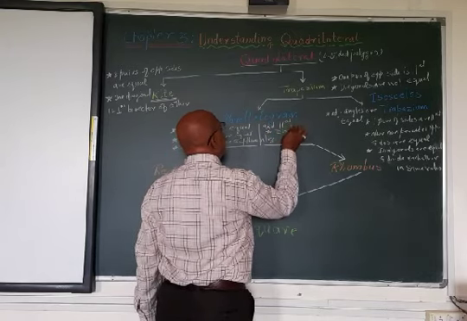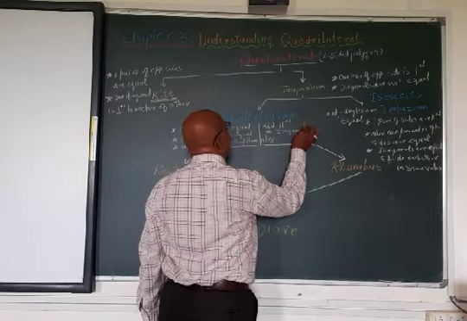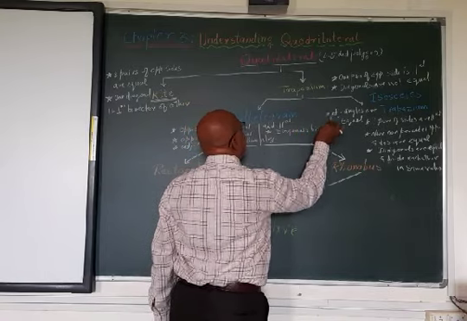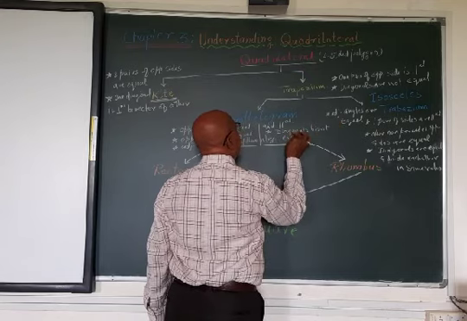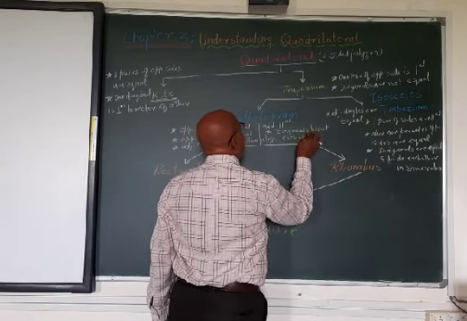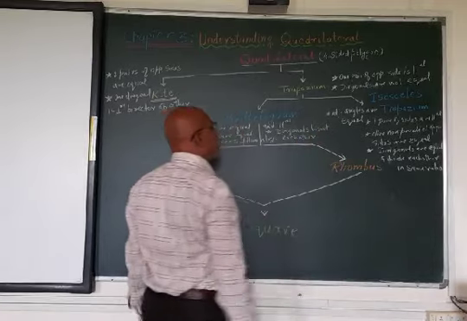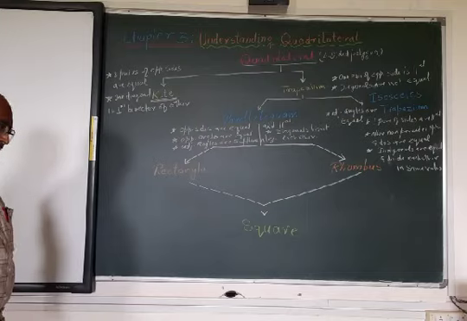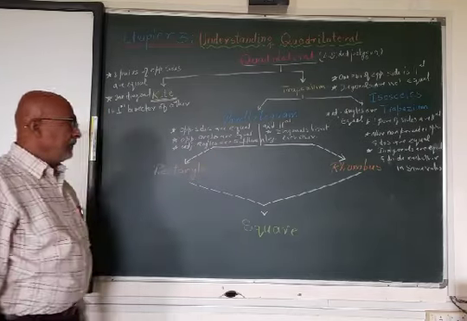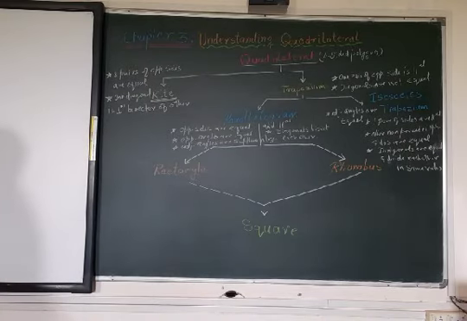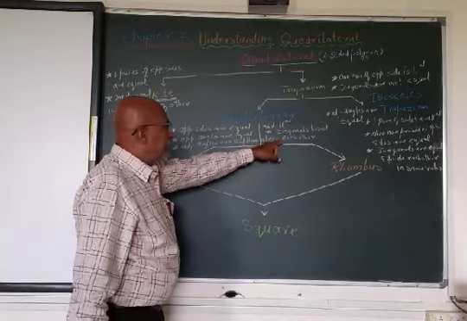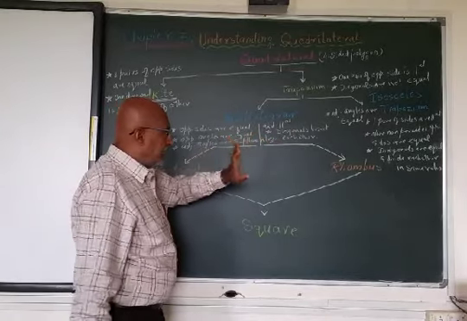Also diagonals bisect each other. Diagonals bisect each other. Got it clear? So this is the thing. Now here diagonals bisect each other in parallelogram.